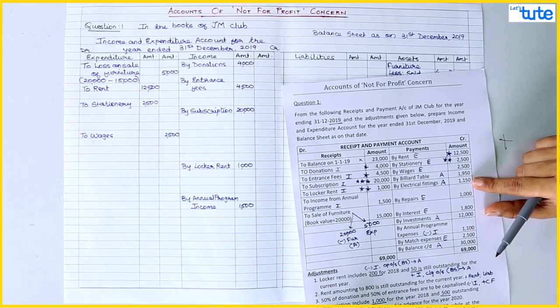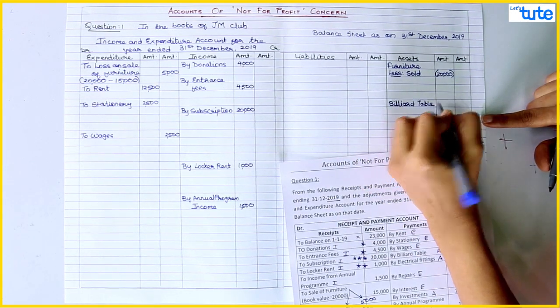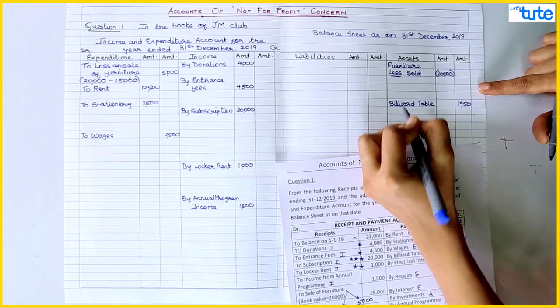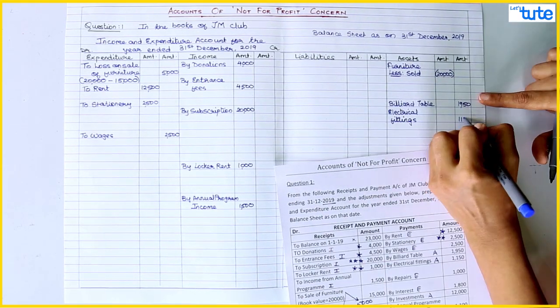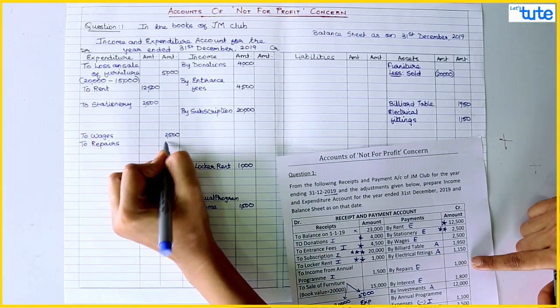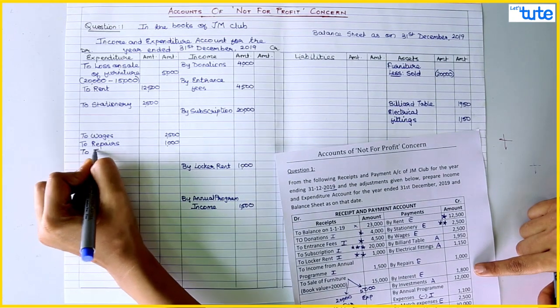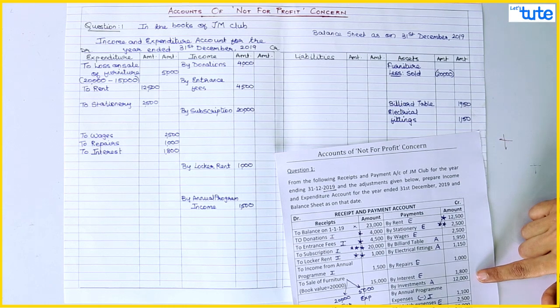Billiard table and electrical fittings will come on the asset side. So billiard table 1,950 and electrical fittings 1,150. Repairs on the expense side, to repairs 1,000. Interest, to interest 1,800.